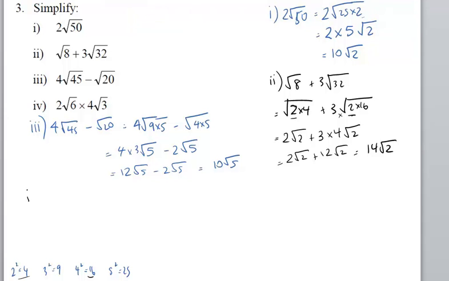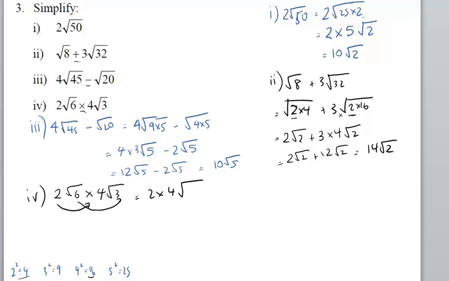So for question 4, we have 2 square root of 6 multiplied by 4 square root of 3. So our other ones here we've had minus, plus, we've had minus, now we've got a multiplication. And we multiply our whole numbers together, 2 times 4, and then in our square root we multiply our square roots together here, so 6 times 3.